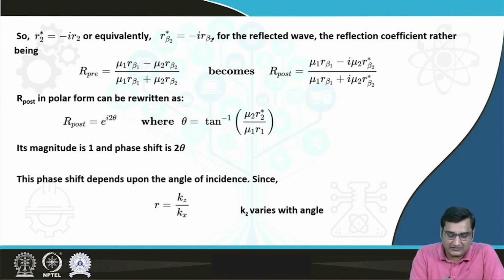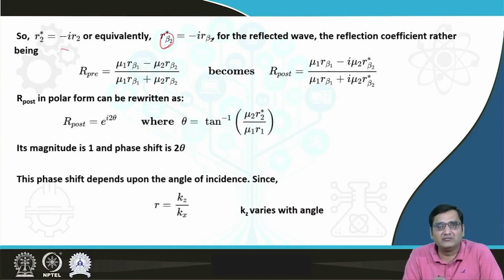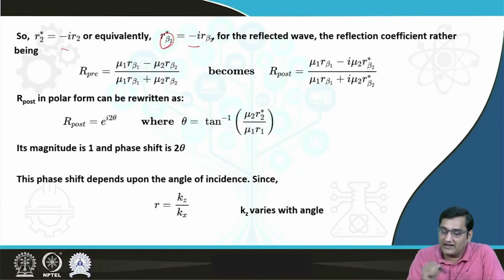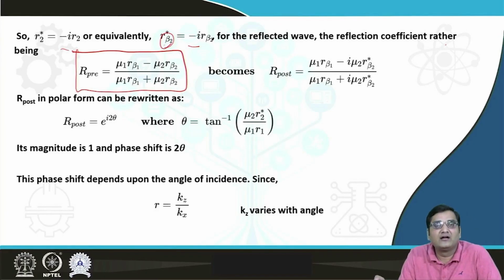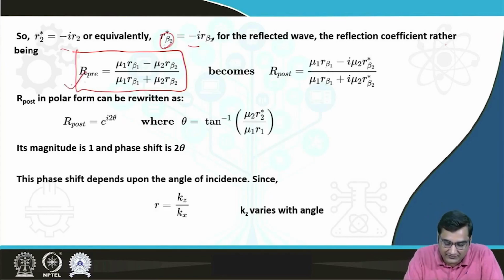Now this R2 star is minus iota R2, or equivalently R beta 2, because beta 2 is the velocity in the second medium. R beta 2 star, that is iota R beta 2, for the reflected wave, the reflection coefficient rather being this. If you remember, in the case of SH wave, when the incident angle was lesser than the critical angle, the reflection coefficient was coming like this.